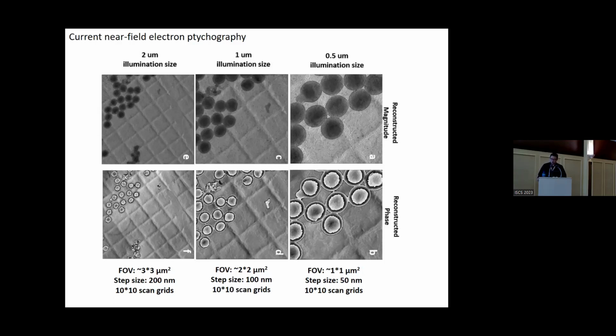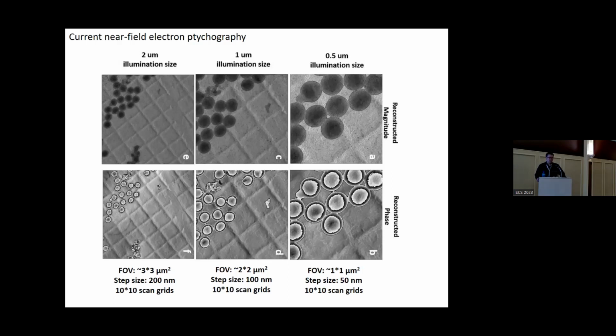To do that, first we need a much smaller illumination probe for the sampling region, and we calculate that it must be smaller than 0.5 micron. But at that illumination size, we require a much smaller step size, like 10 nanometers.